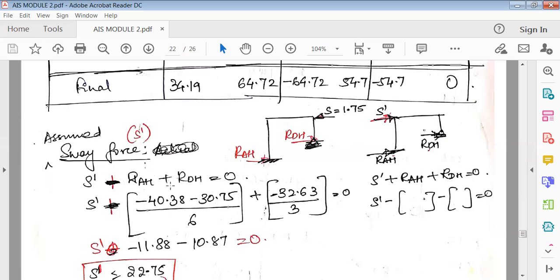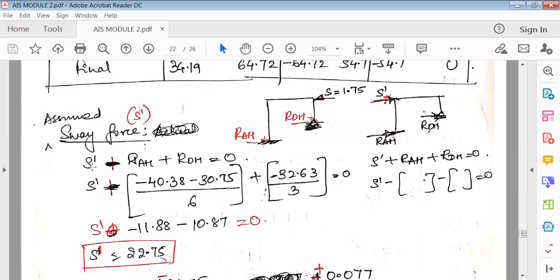Now if it is acting to the right, the same formula is applied here. S dash plus RAH plus RDH, they are going to act to the right side only, is equal to 0. So S dash is equal to, solve this.